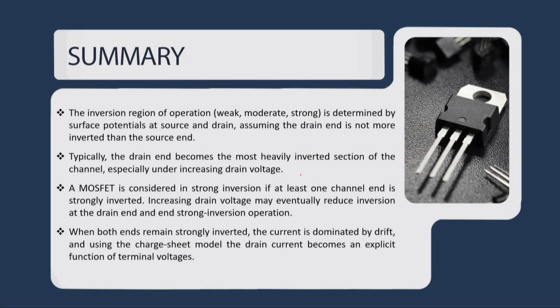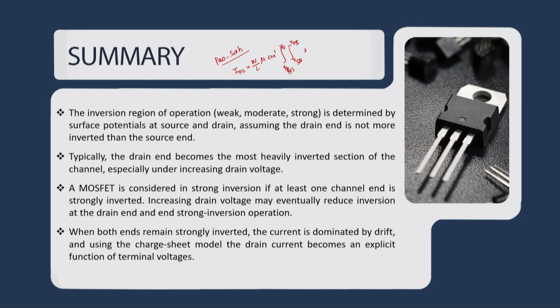So let me summarize this lecture. In this lecture, we discussed the Pao-Shah model, which is a very accurate model but computationally inefficient, because it needs to solve a double integration, one with surface potential, psi y, psi s, and one with VSB to VDB.